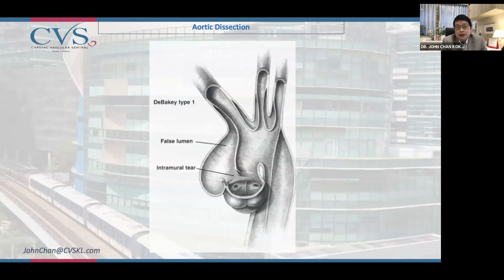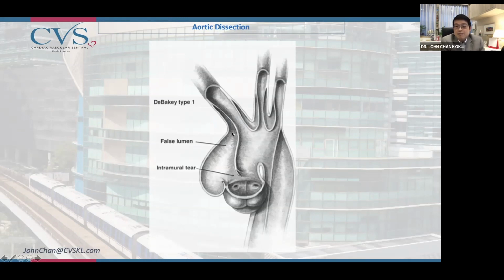A lot of these patients may also have some weakening of the aortic wall from connective tissue diseases such as Marfan Syndrome, but by far the most common cause of aortic dissection is hypertension or high blood pressure. As you can see from this illustration, a tear has occurred in this layer, and then blood tracks in between the layers of the aorta.